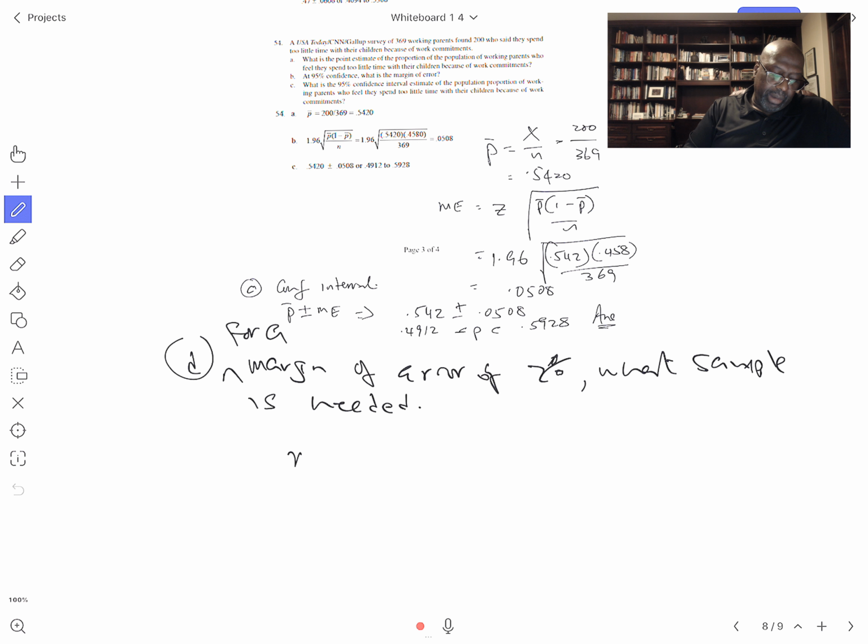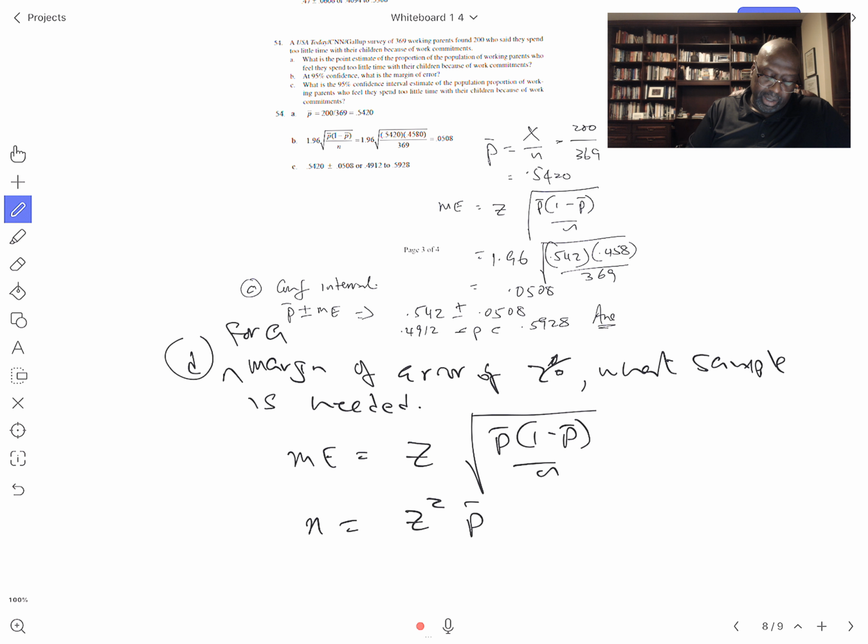Let's put for a margin of error. So in that case, your margin of error, we remember, is given by Z times the square root of P bar 1 minus P bar over N. When we manipulate this formula, it turns out that N is equal to Z squared P bar 1 minus P bar over ME squared. So we want a margin of error of 2%.